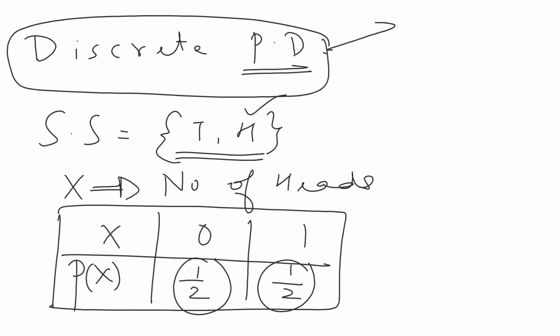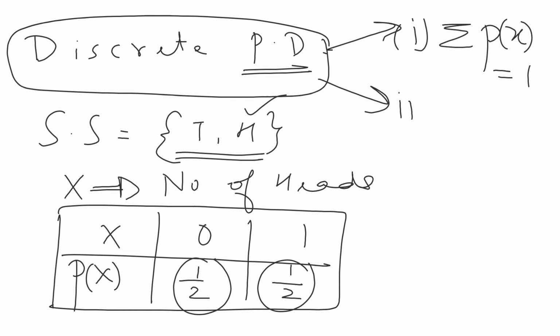A random variable follows a discrete probability distribution. The first criterion is that the summation of all probabilities is equal to 1. And the second criterion is individual probabilities. Look at this, these are individual probabilities. Individual probabilities should be greater than or equal to 0.